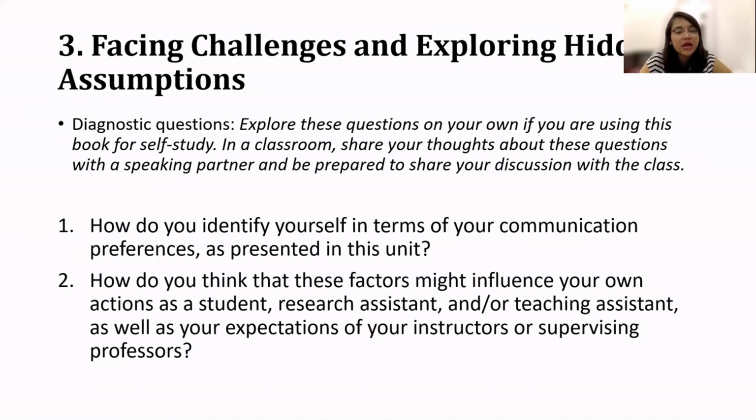And number two, how do you think that these factors might influence your own actions as a student, research assistant, or teaching assistant, as well as your expectations of your instructors or supervising professors? If you're learning this material together with your friends, you and your friends may have different answers, and that's completely okay, as long as you are not answering these questions by stereotyping or oversimplifying certain cultures.